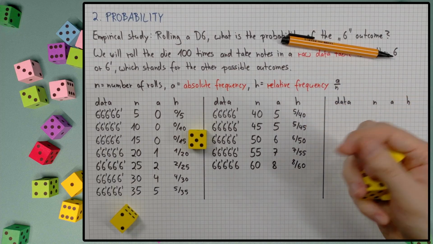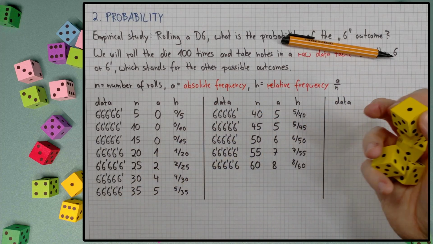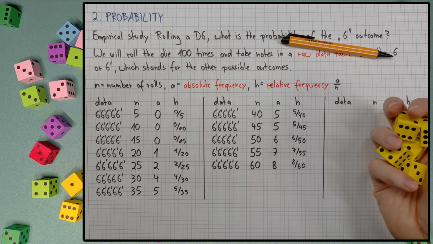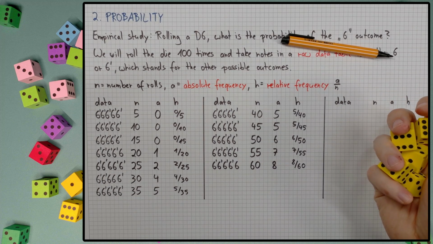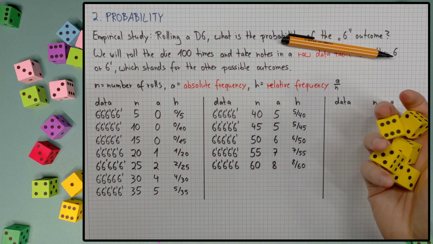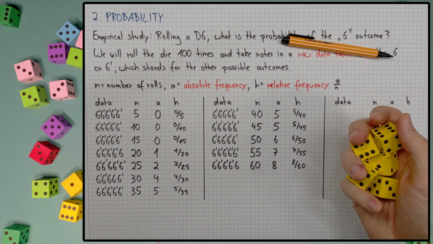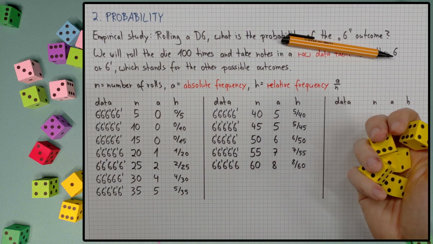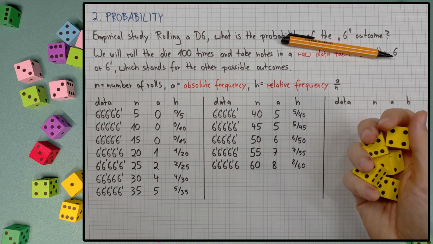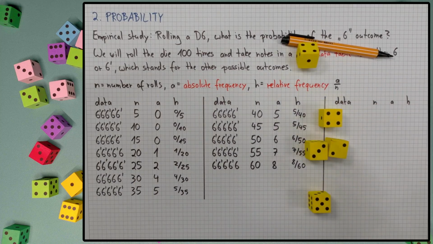Yet so far the relative frequency has been below 1/6. It would be great if the dice would roll in a way that we could get above 1/6 for a couple entries.